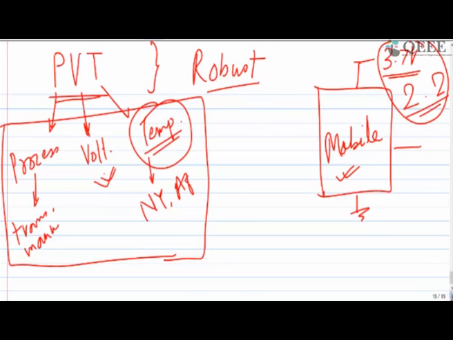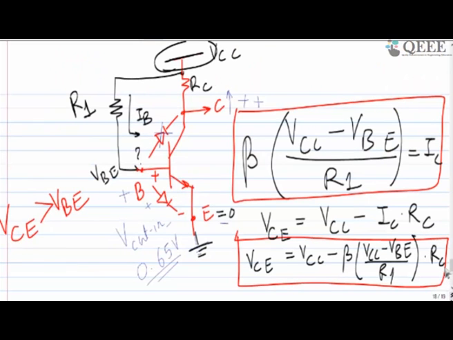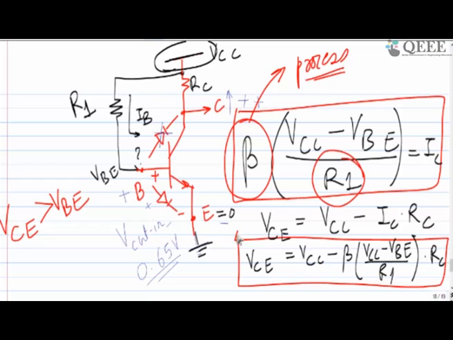And if we want to do that, in the first design which we have just suggested, there is one problem. Look, there is beta dependency. So beta is a term associated with process. It's depending on resistance R1.